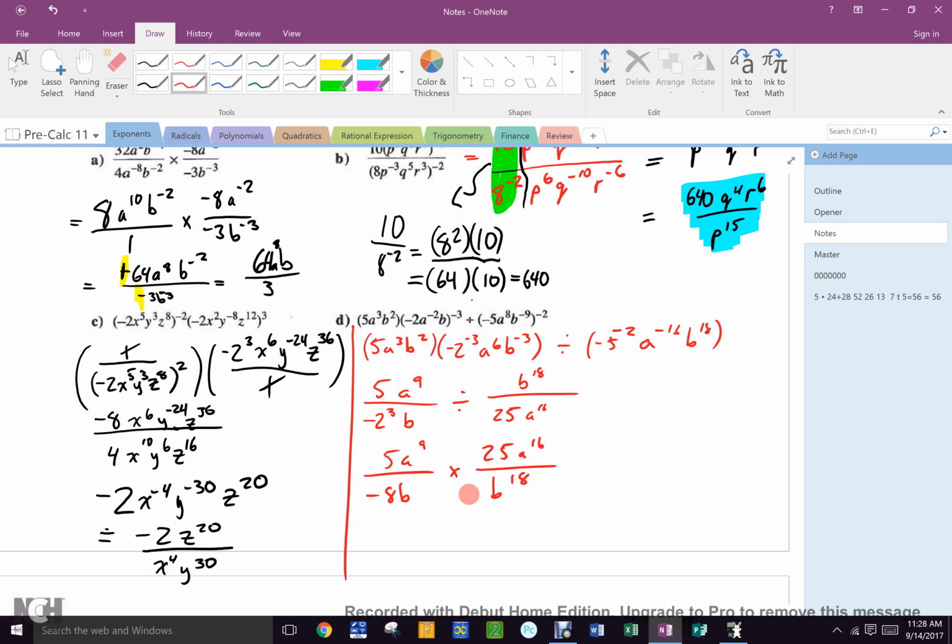So I get, computer's frozen, I get 125a to the 25th over negative 8b to the 19th. And then if I simplify that, I can't. So it is done.